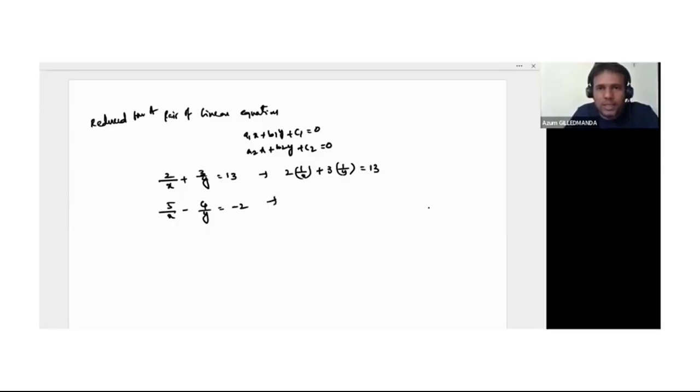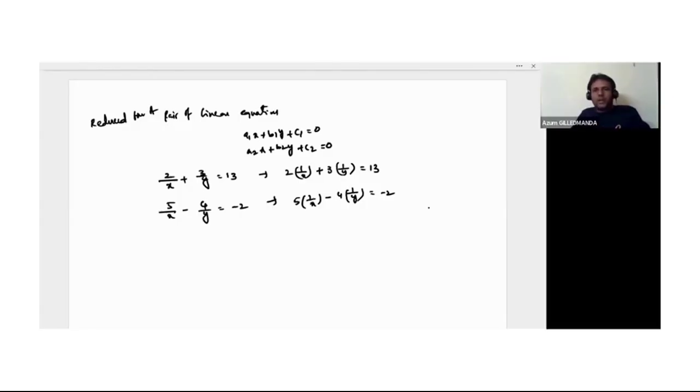And similarly, can I write this equation as 5 into 1 by x minus 4 into 1 by y equal to minus 2?